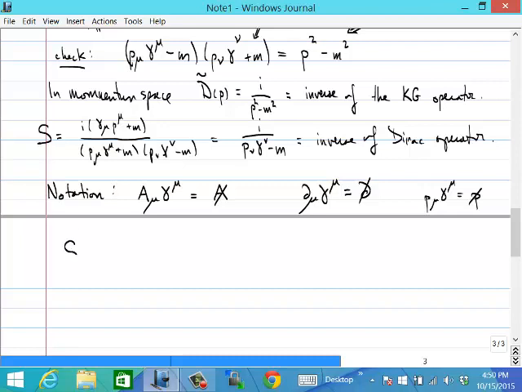So, for example, you can write the propagator in momentum space as just i over p slash minus m, or i times p slash plus m over p squared minus m squared. So these are the two free field theories that we've met so far in this class.